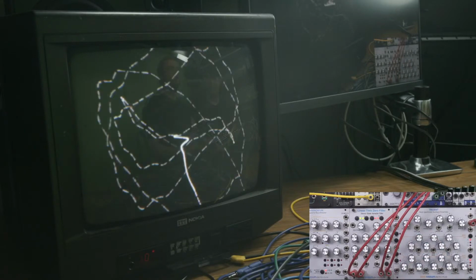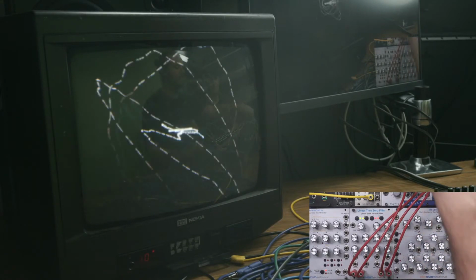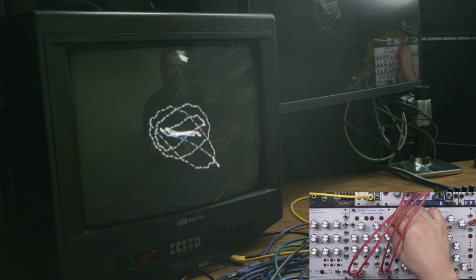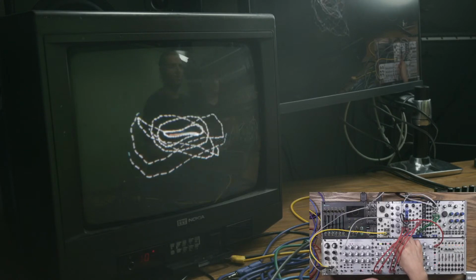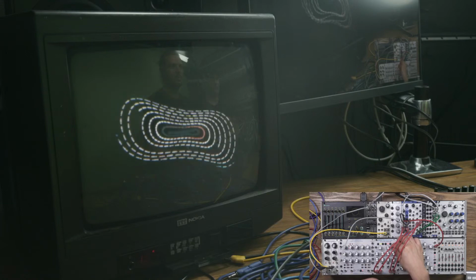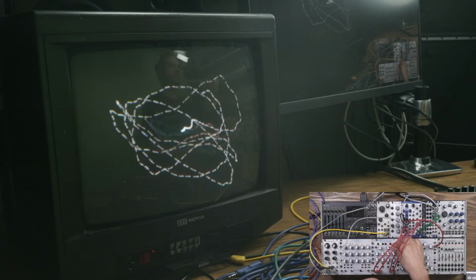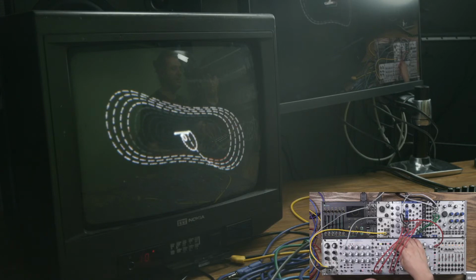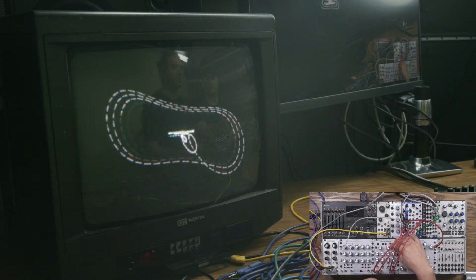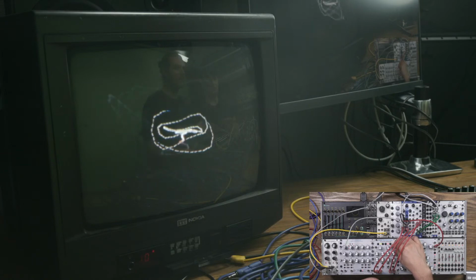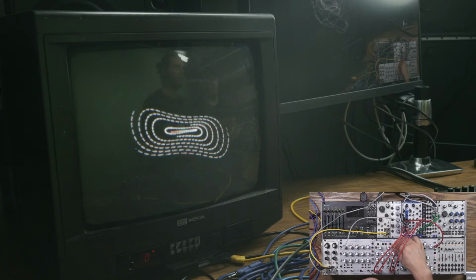Yeah, so this is a frequency that is more or less related, and you can change the waveform. And this is done in a way on the linear through zero filter, where you can change the waveforms.